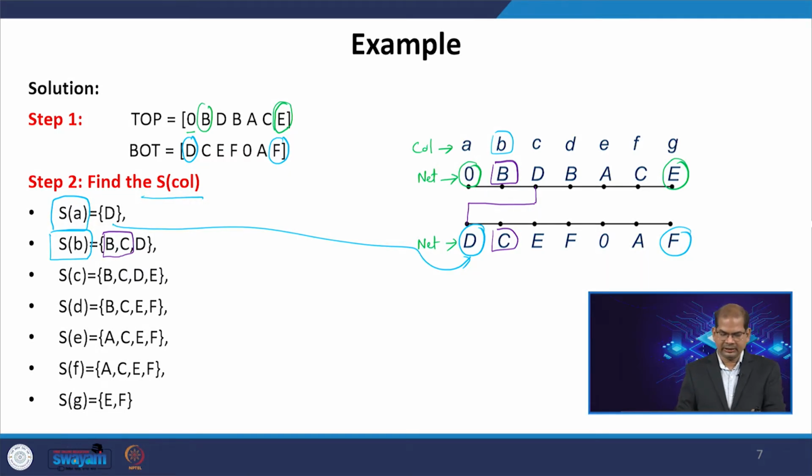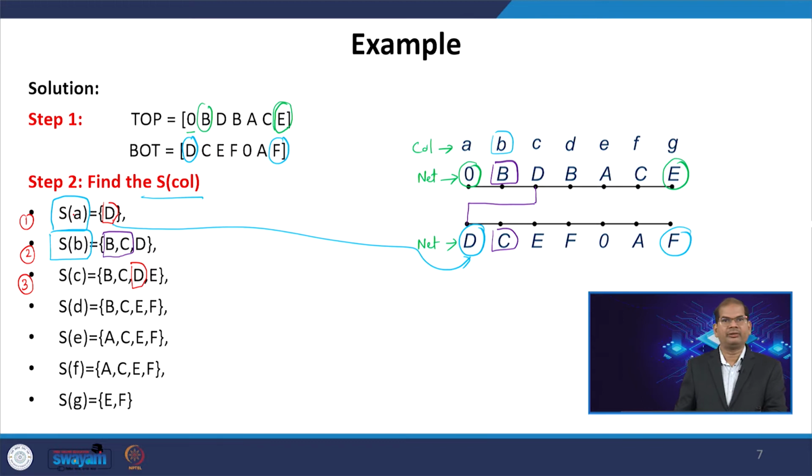If there is any subset of S, that should be removed. Let us consider the first three: this is the first one, this is the second one, and this is the third one. S of A and S of B are subsets of S of C. D is there here, and D is also there.